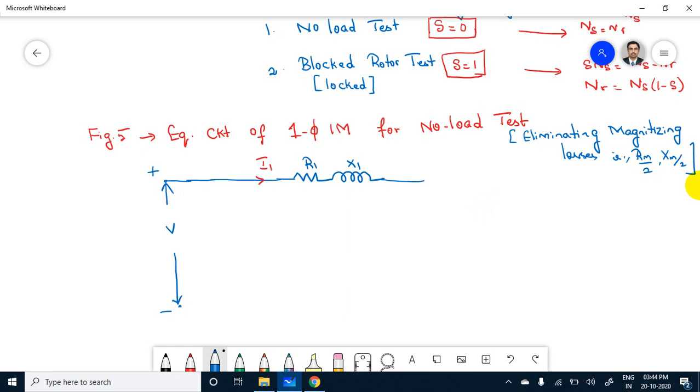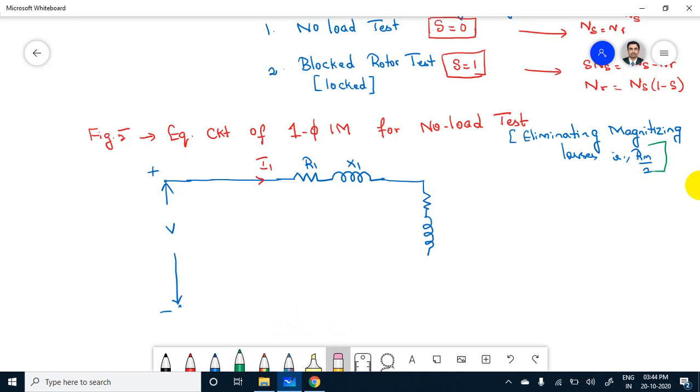Okay, we are eliminating both. So the load value for this one will be, sorry, we are eliminating the core loss. Okay, only the core losses we are eliminating.